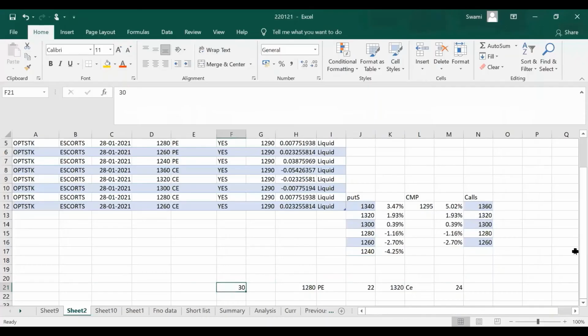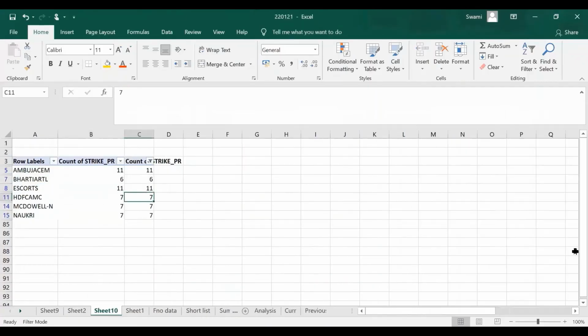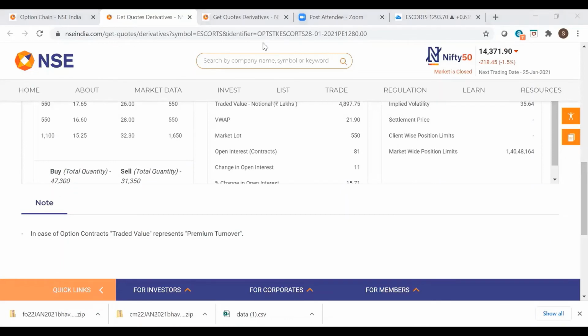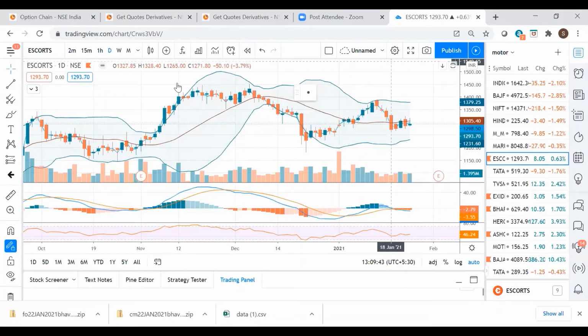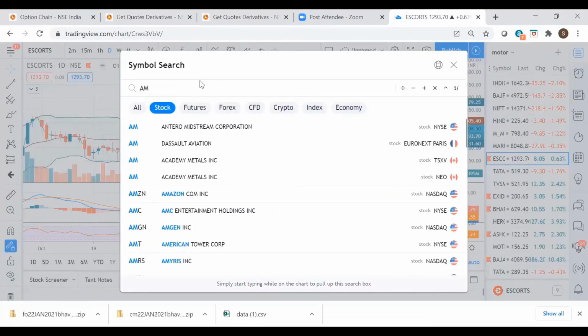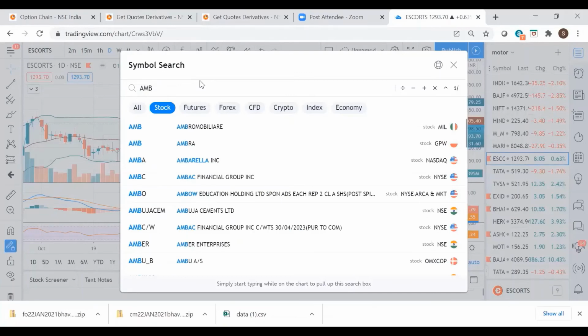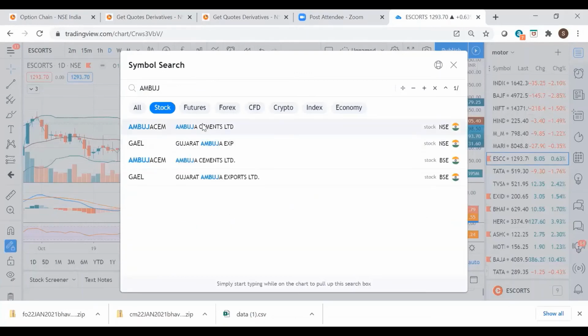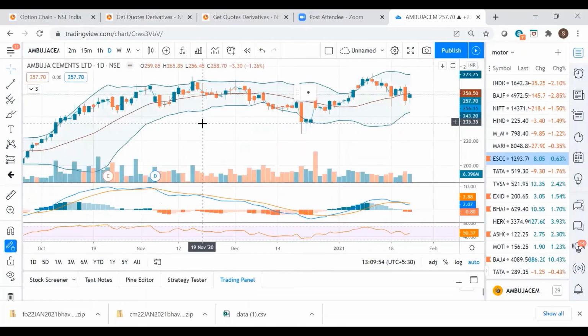Let's look into another thing. Considering Ultratech results have come, let's say, for example, Ambuja Cement. The current price of Ambuja Cement is like 257.